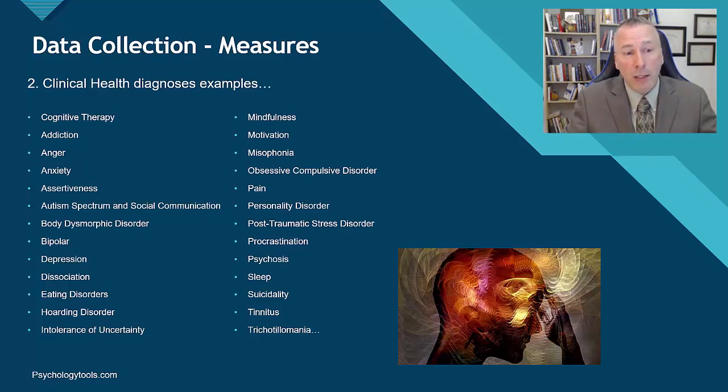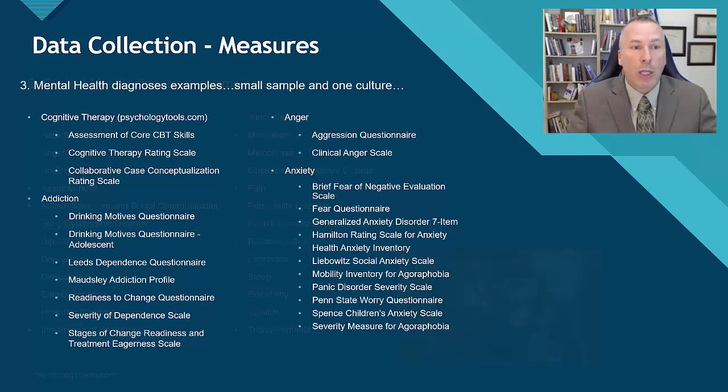So you have all of these, and within each of these diagnoses, you then in turn have a variety of measures available to you. I just picked a few. For instance, cognitive therapy, addiction, anger, and anxiety. I just picked 4 of those. And you can already see within each of those how many measures there are. And again, this is not all inclusive.